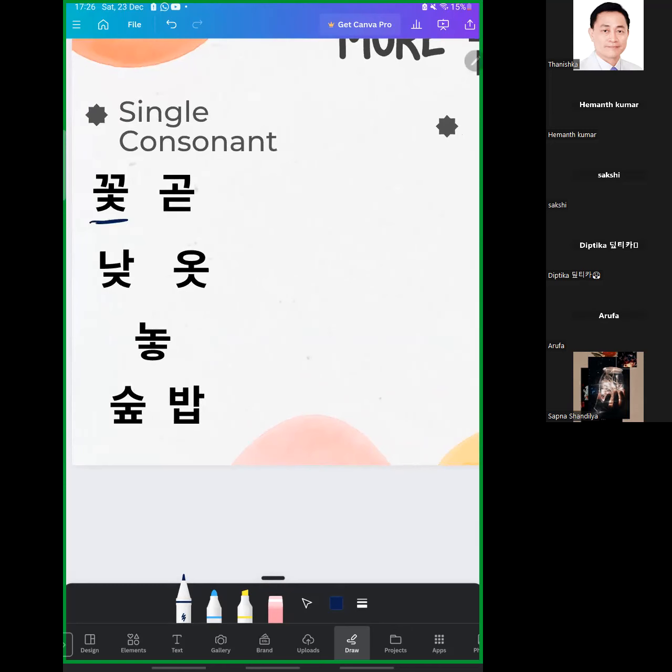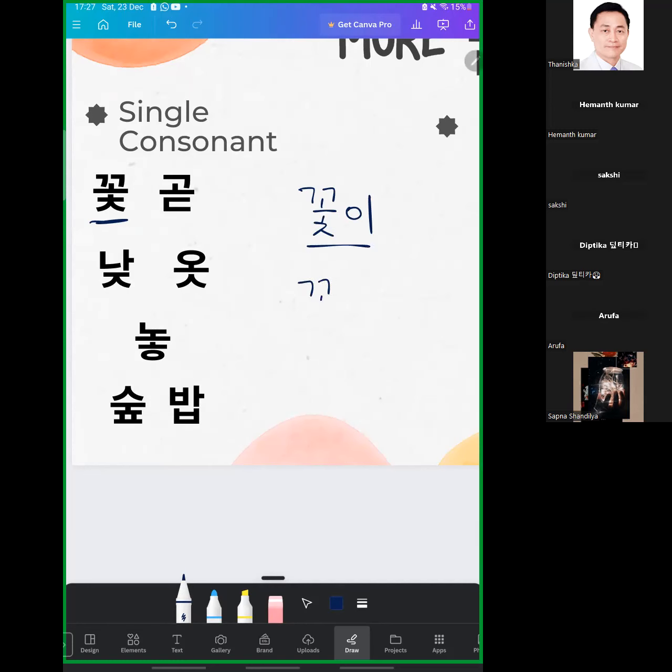How is this pronounced? Kot. Yes. Now, how would you pronounce this? Kochi. Very good. So this becomes Kochi.